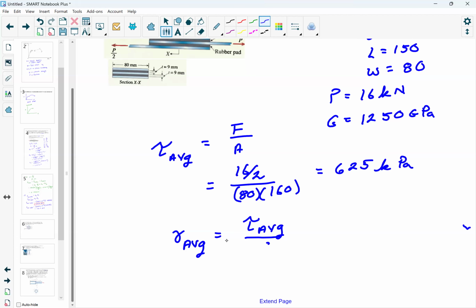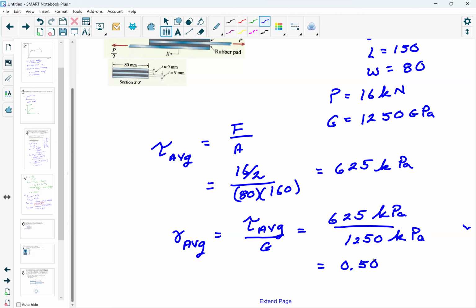Maybe it was the prismatic bar ones that were missing. So this ends up being 625 kilopascals over 1250 kilopascals, and that's then going to equal 0.50, which is unitless.